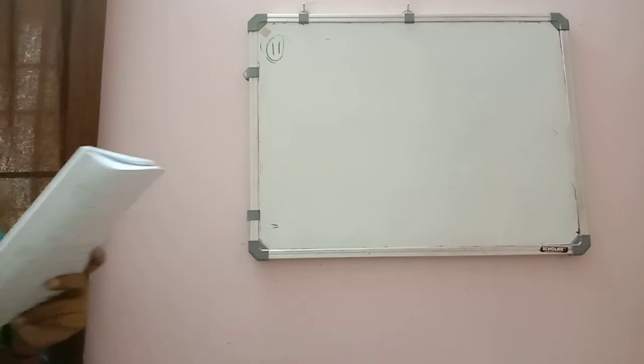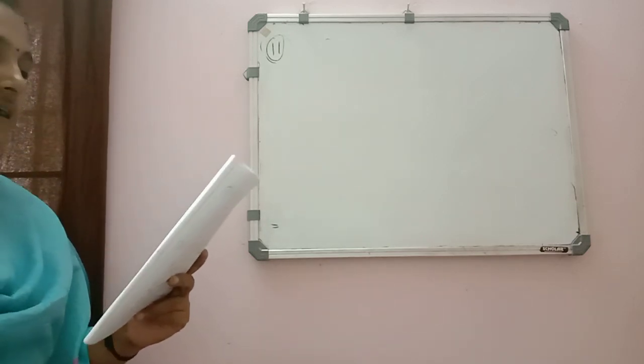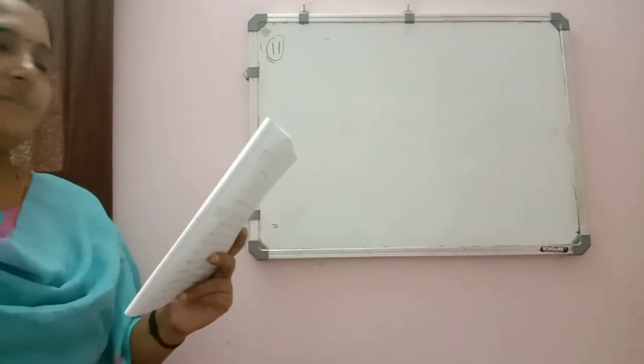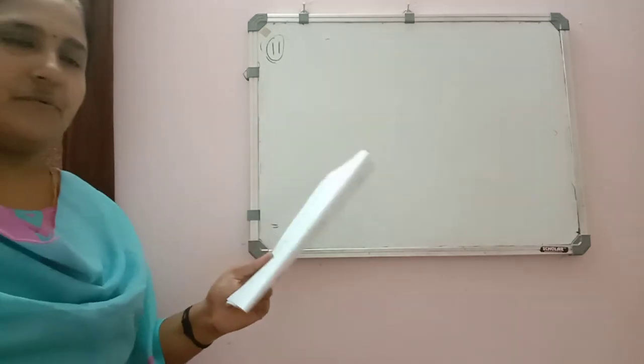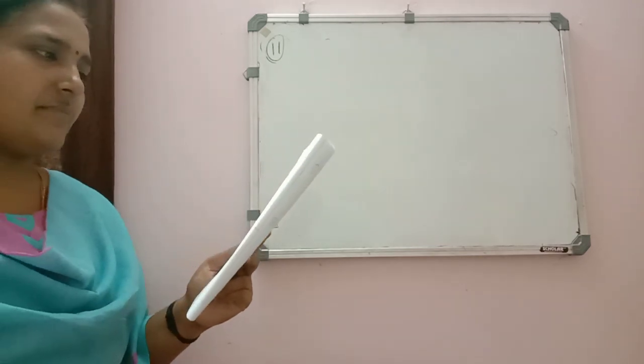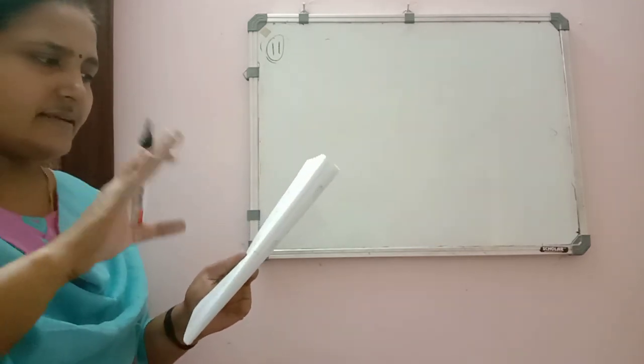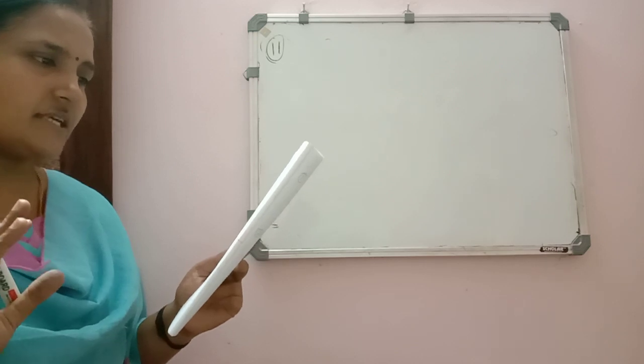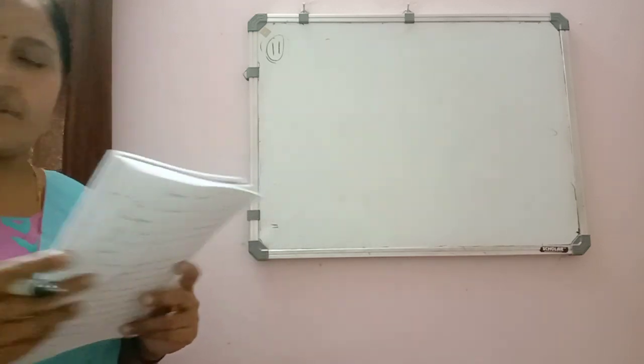Rupees 6,500 were equally divided among a certain number of persons. We have 6,500 rupees to divide among a certain number of people, and some information is given in the question. Find the original number of persons.